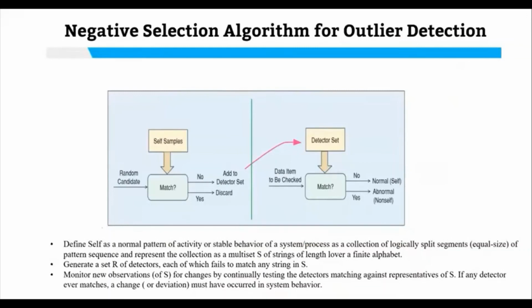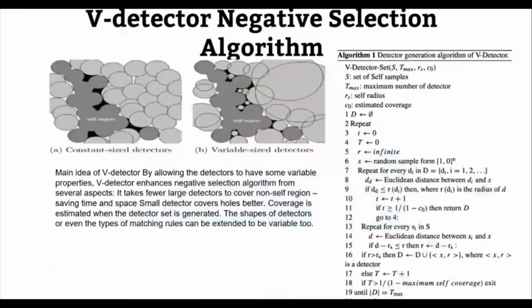And there is a variation of the negative selection algorithm, which is the V-detector negative selection algorithm. My supervisor invented this algorithm a few years back, and we are working on it. It's very interesting, and it's faster than the negative selection algorithm because it uses variable-size detectors, whereas previously mostly constant-size detectors were used.